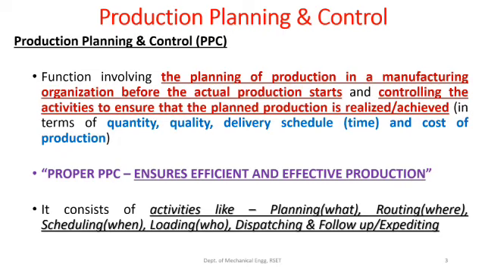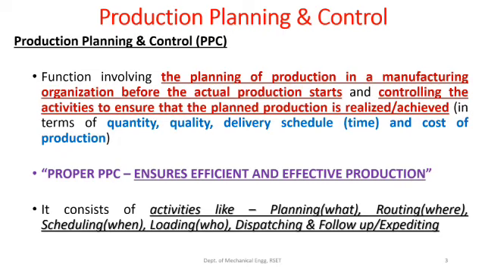And proper functioning of the production planning and control function ensures that your production is effective and efficient. That means it achieves the required target, and in achieving it, it uses as few resources as possible. So proper production planning and control is vital to ensure effective and efficient production.